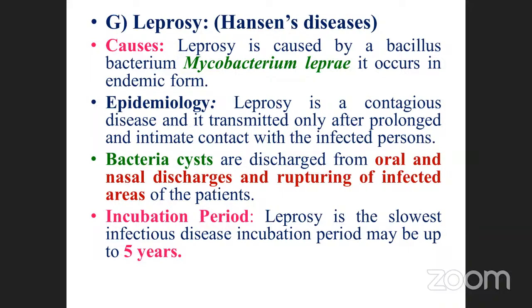Oral means saliva, nasal means sputum or nasal secretion, just like a liquid. And rupturing of infected areas: suppose you have any wound, the cyst can easily penetrate and be transferred.